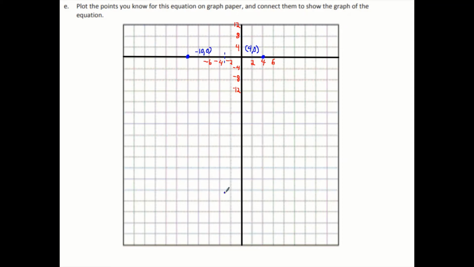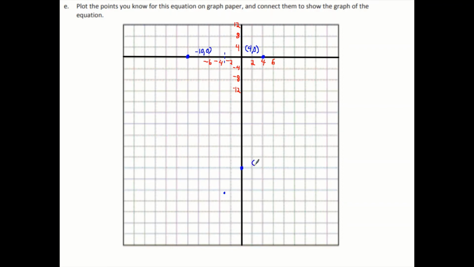So our vertex should be right around there. What we need to find next is our y-intercept, which, if you remember, was at 0, negative 40. So we know that we're just going to have to go down 10 squares. 1, 2, 3, 4, 5, 6, 7, 8, 9, 10.